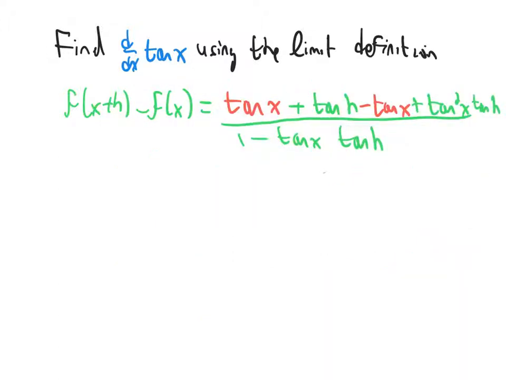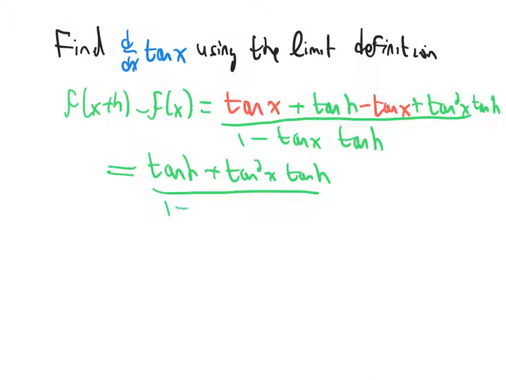Okay, and then we can say that those tangent x's combine to be 0, and we have tan h plus tan squared x times tan h over 1 minus tan x tan h. And then I might want to pull out a tangent of h.